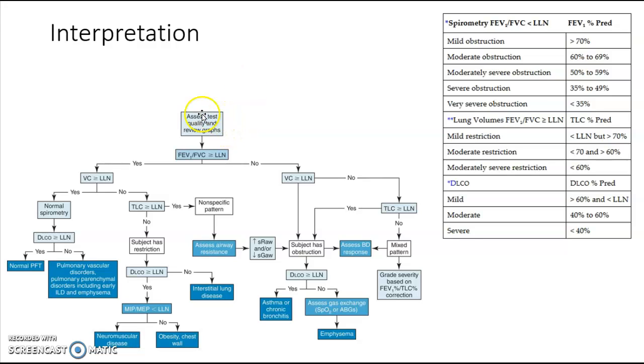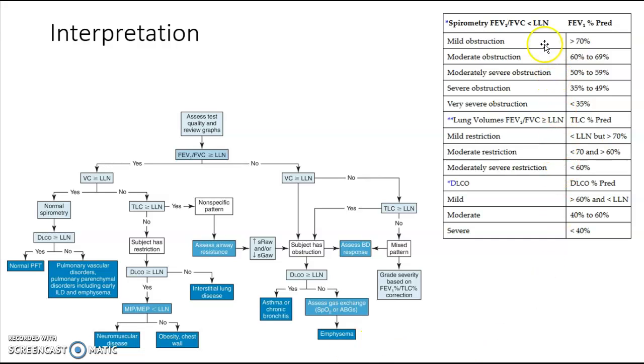The very first thing you're going to do, or the physician would do, is assess the test quality and review the graphs, and then based on this they can go through this decision tree and identify if it's a normal PFT, if there's possibly a pulmonary vascular disorder or an interstitial lung disease, if there's neuromuscular disease, obesity or chest wall deformity, interstitial lung disease, asthma or chronic bronchitis, or emphysema. So this tree kind of helps break that down.